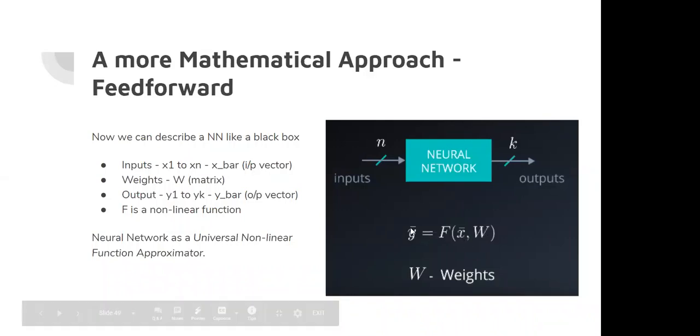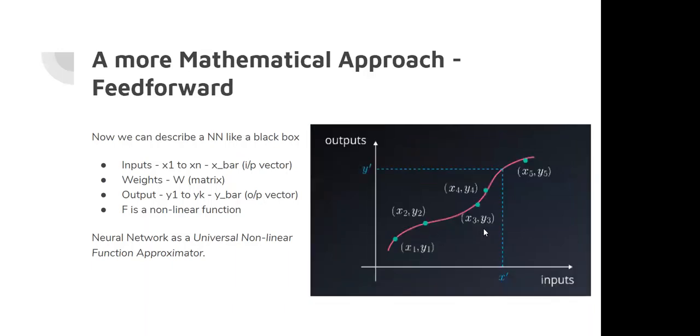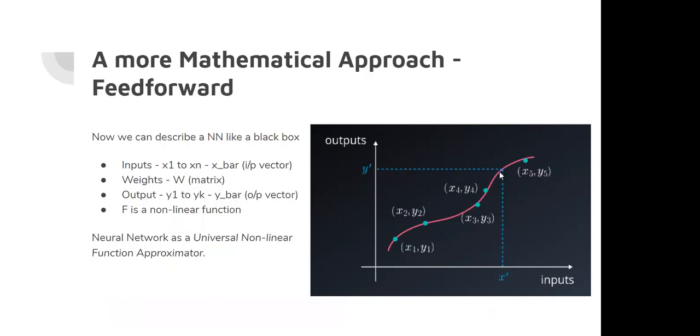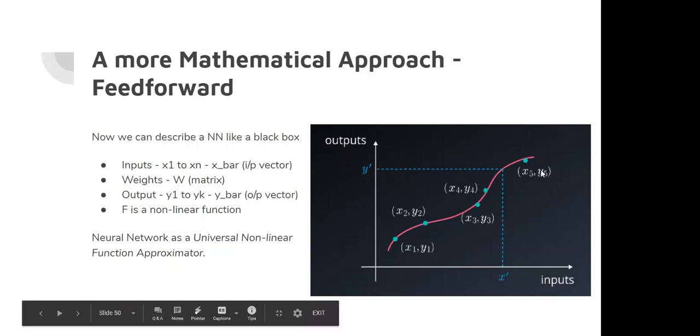You get y bar based on x bar and some weights. That is what is happening. Moving forward, your neural network has this non-linear boundary, and as soon as you get an input x dash, it is supposed to predict an output y dash. By the way, this is a regression example.